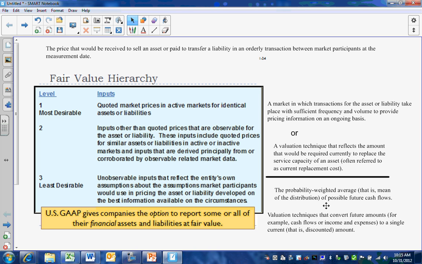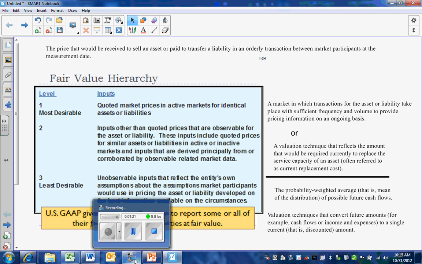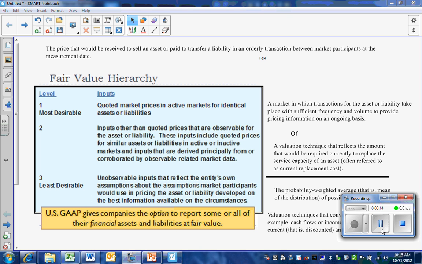And we'll be looking at these types of fair value measurements in future courses. And this has just been a bit of a preview of the use of fair value. Again, it's important to understand that fair value does not always mean a market price, nor does it always mean a discounted cash flow analysis.